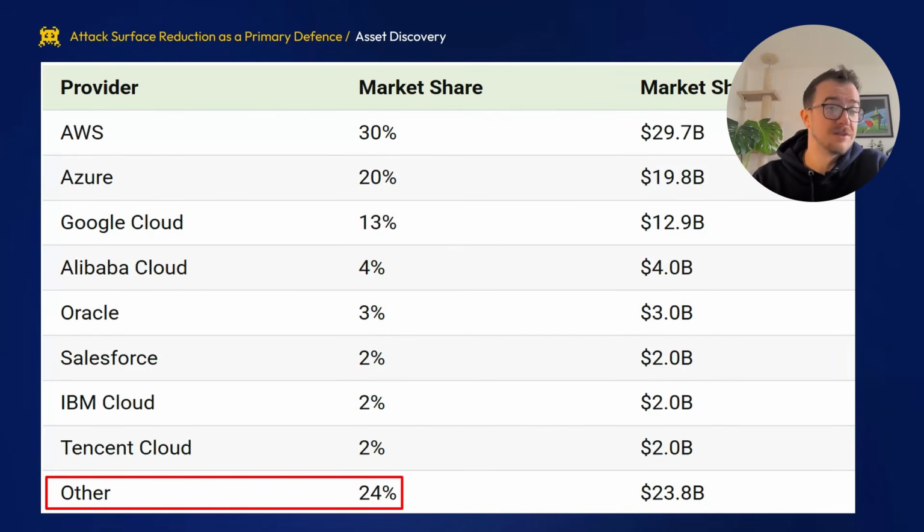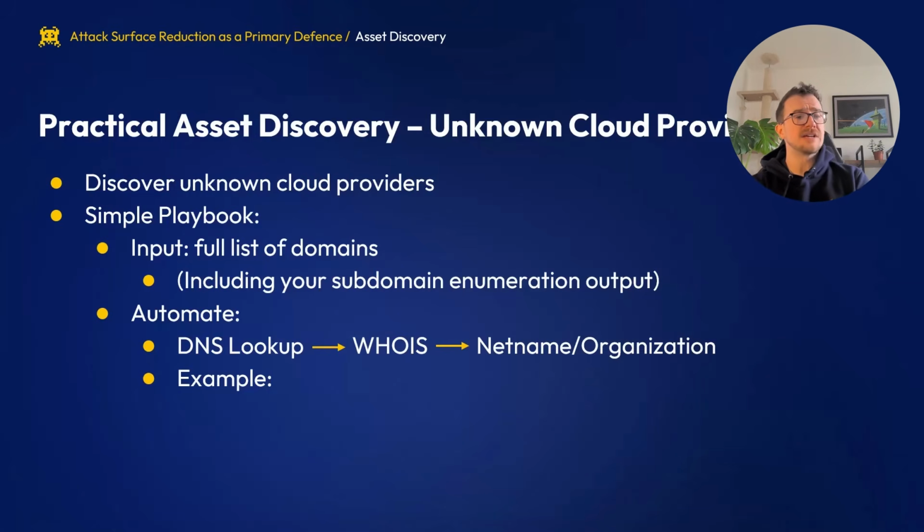And even before we get to other, there are cloud providers in there that are more niche and perhaps you wouldn't even think that someone in your organization is using. So who knows what's out there and who's using some of these other cloud providers. So we want to make sure we get a handle on those so that we can discover them, because that's effectively shadow IT if we're not integrating with those systems too. So we can discover unknown cloud providers.